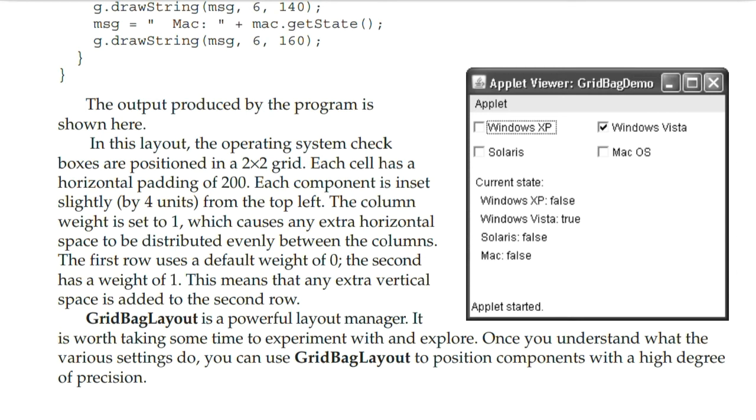Each cell has a horizontal padding of 200. Each component is inset slightly from the top left. The column weight is set to 1, which causes any extra horizontal space to be distributed evenly between the columns. The first row uses a default weight of 0. The second has a weight of 1. This means that any extra vertical space is added to the second row.